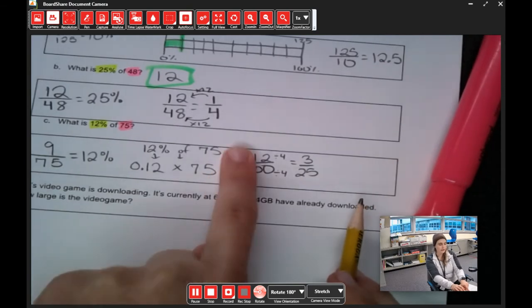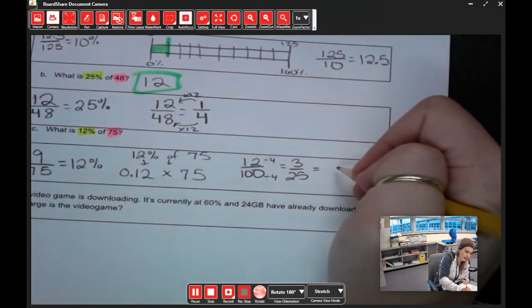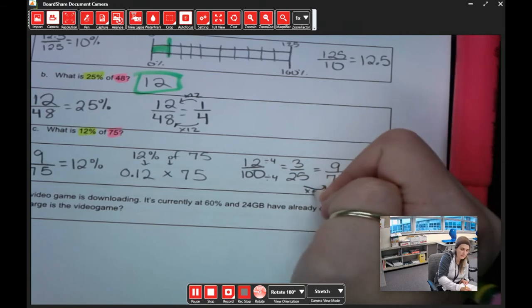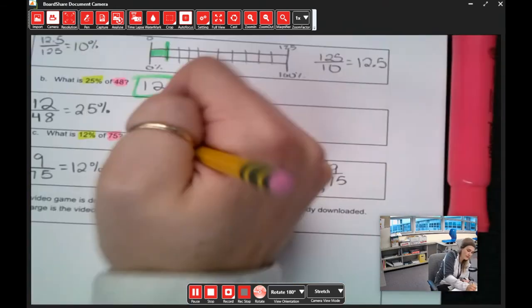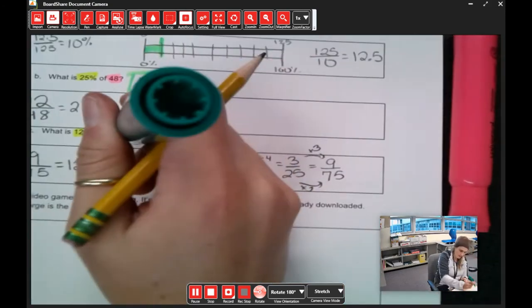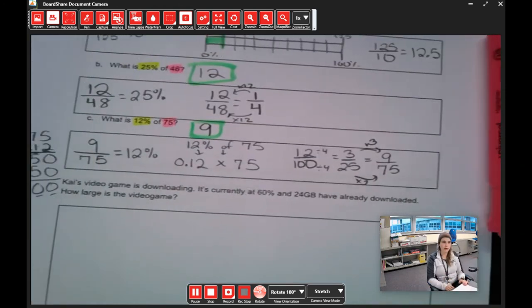You get 12 over 100. That gives you 3/25ths. And then when you're going to 75, you can check that times 3, and that works out rather nicely. So 12% of 75 is 9. And that's all the work I did for that problem.